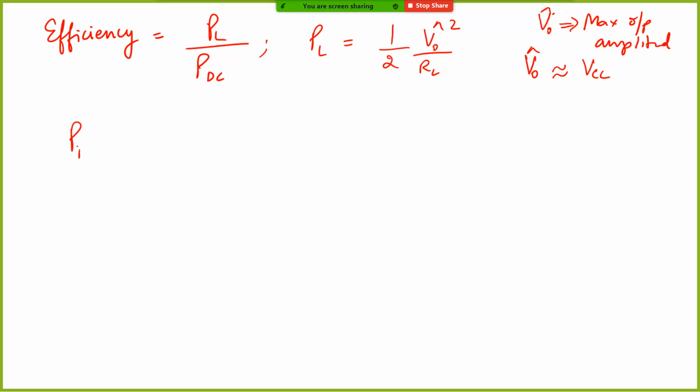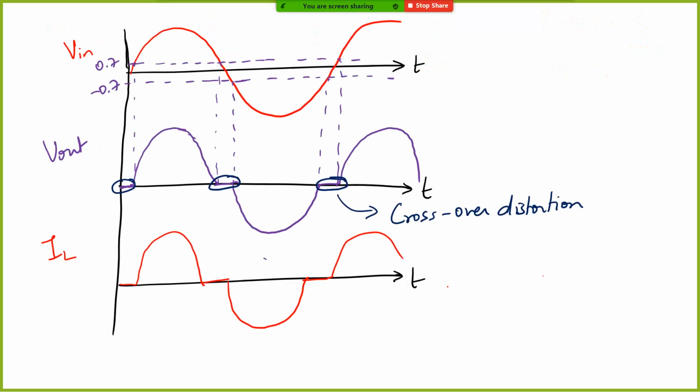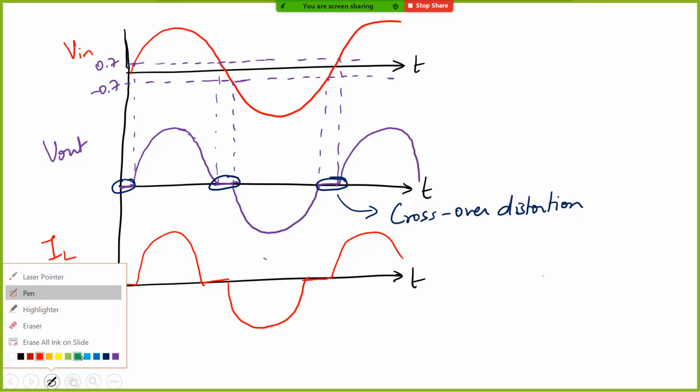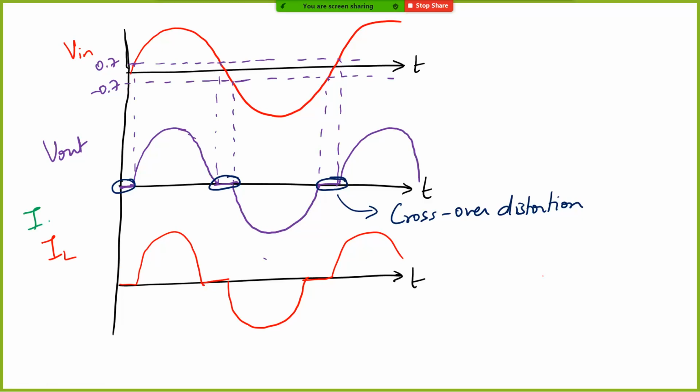Now what about PDC? How is the current? This is the current which is drawn from the supply to the load. Let me say ICC is the current drawn from the supply. It is going to be like this, only the positive half cycle.